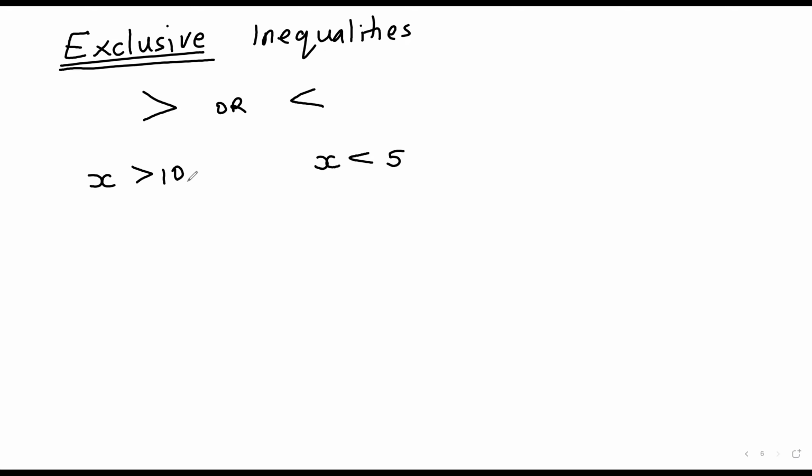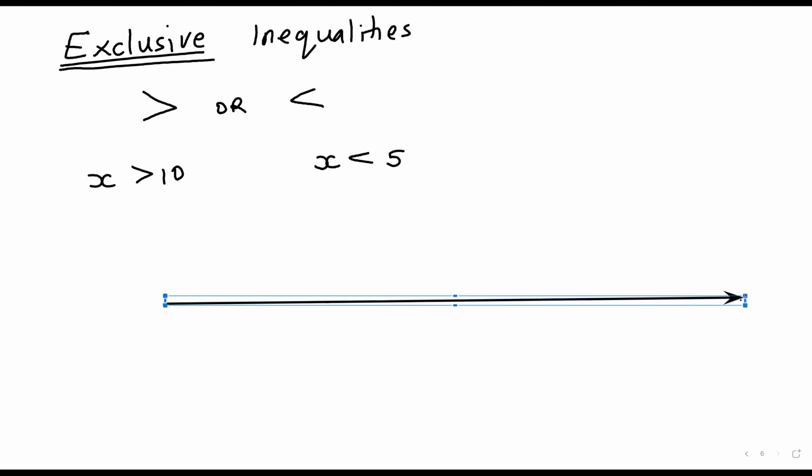And we can represent inequalities on the number line, right? So this is a number line, and 0 is here, and 1, 2, 3, 4, 5.